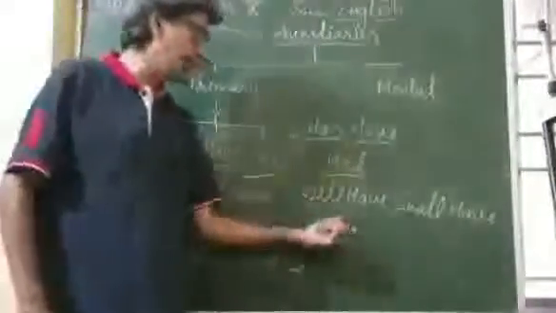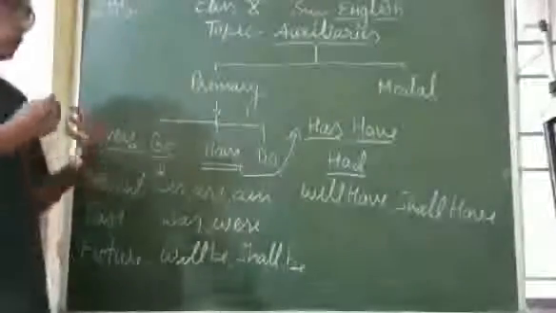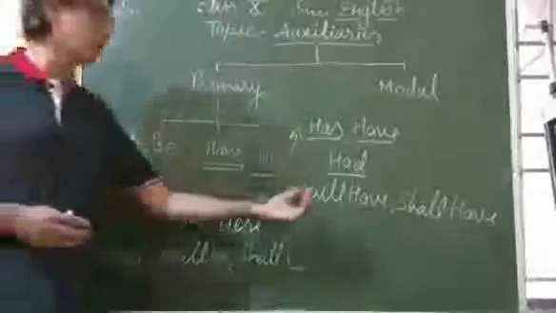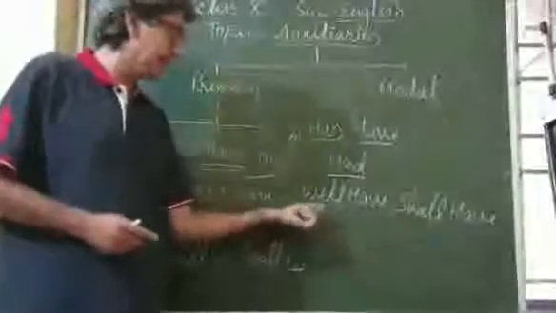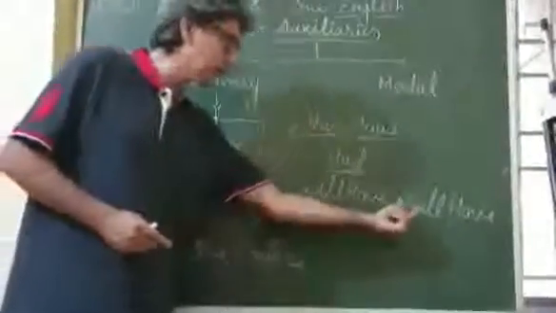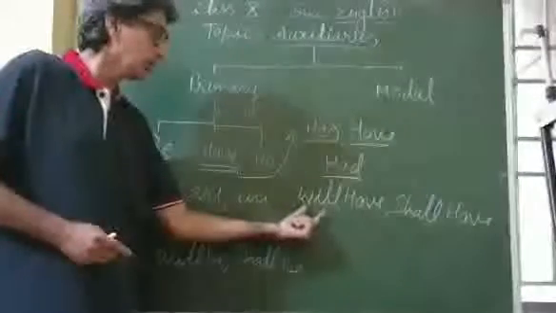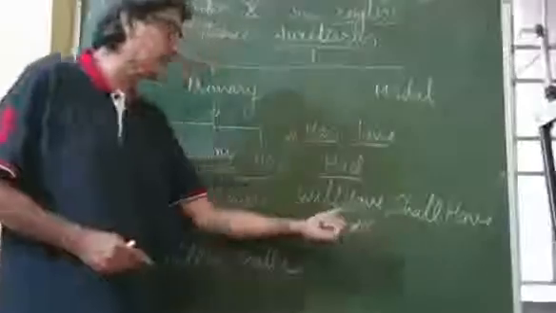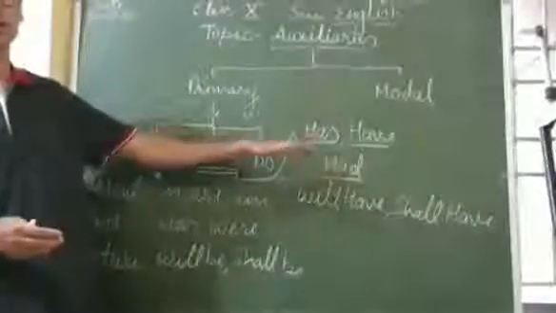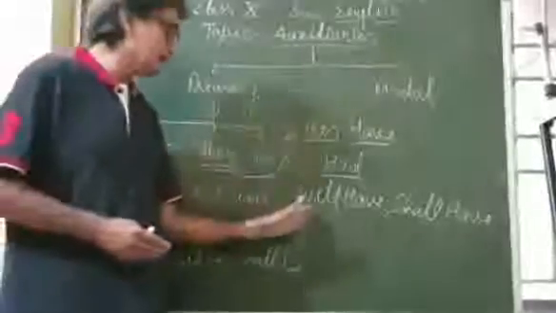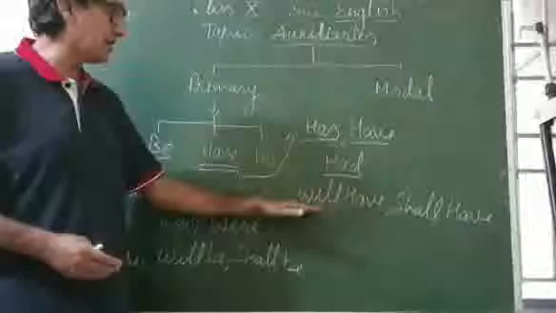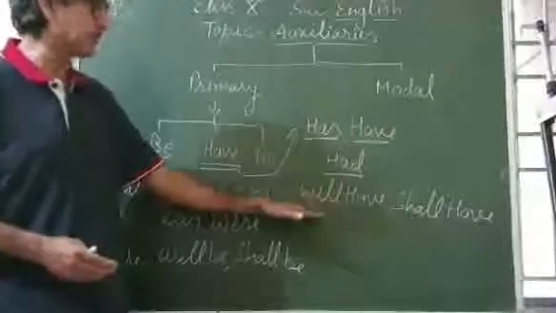And you all know, as I taught you in the previous class under the topic of shall and will, that will and shall are used for the subjects based on person, not based on number. So we decide the use of these two helping verbs on the basis of the person of the subject, not the number.